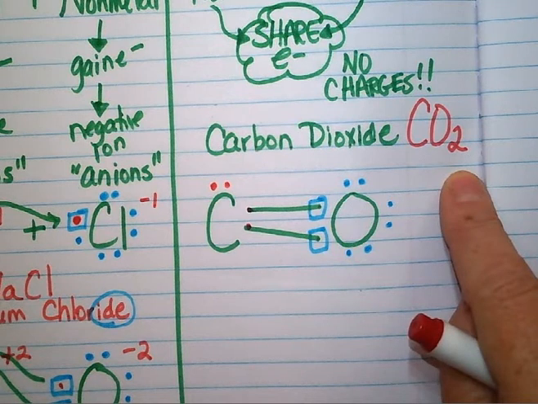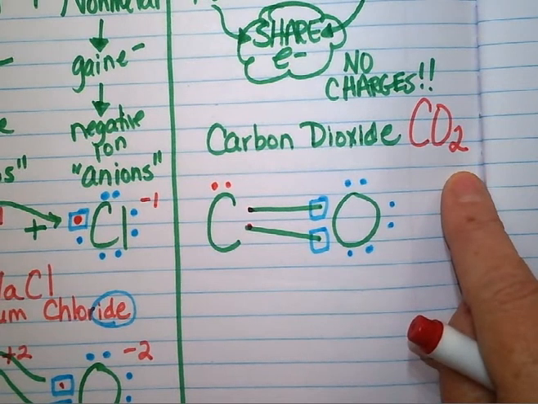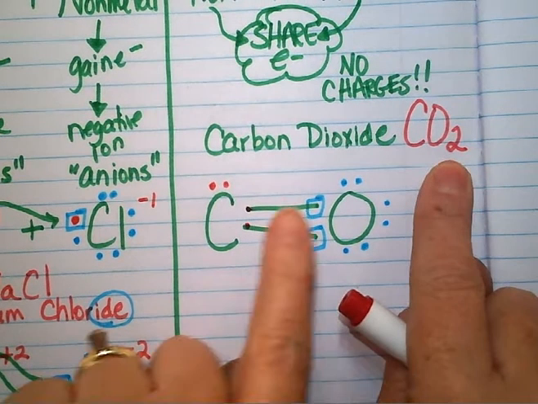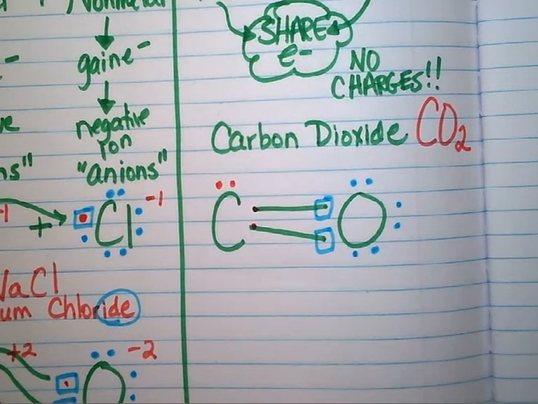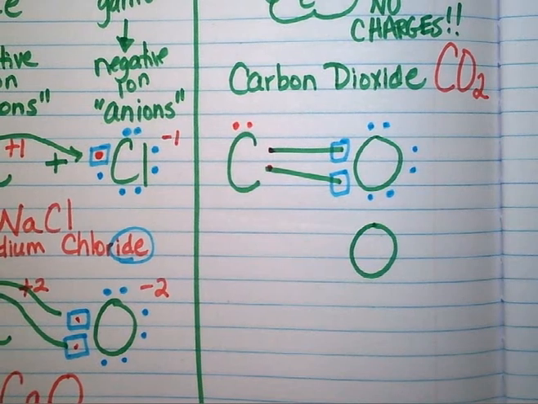You're close. You're so close. How many oxygen atoms are in CO2? There we go. Now we are on fire. Very good. So there are 2 oxygens in this compound.